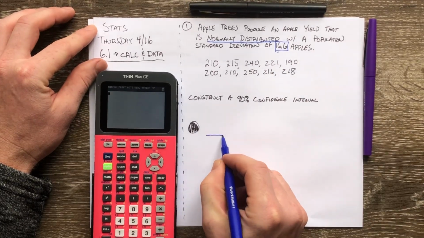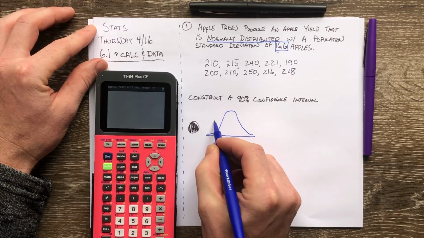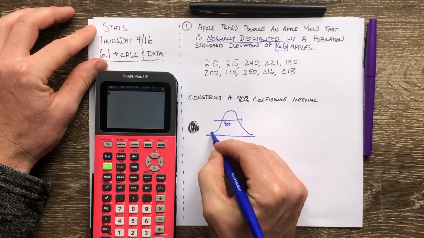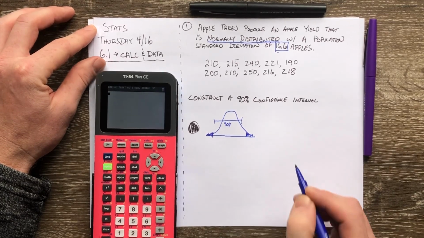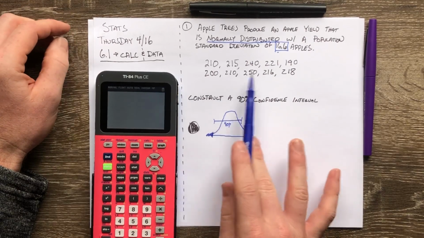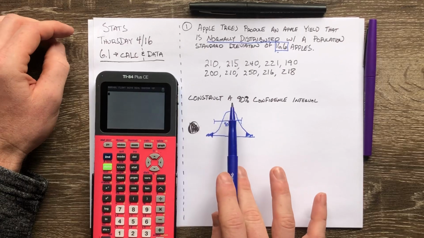So if you make your curve here, right, you want to construct a 90% confidence interval, right? So you're going to have some things in the tails, right? And basically what we're trying to do is we have a sample of these different trees producing this many apples, right? Every tree produces that many apples.